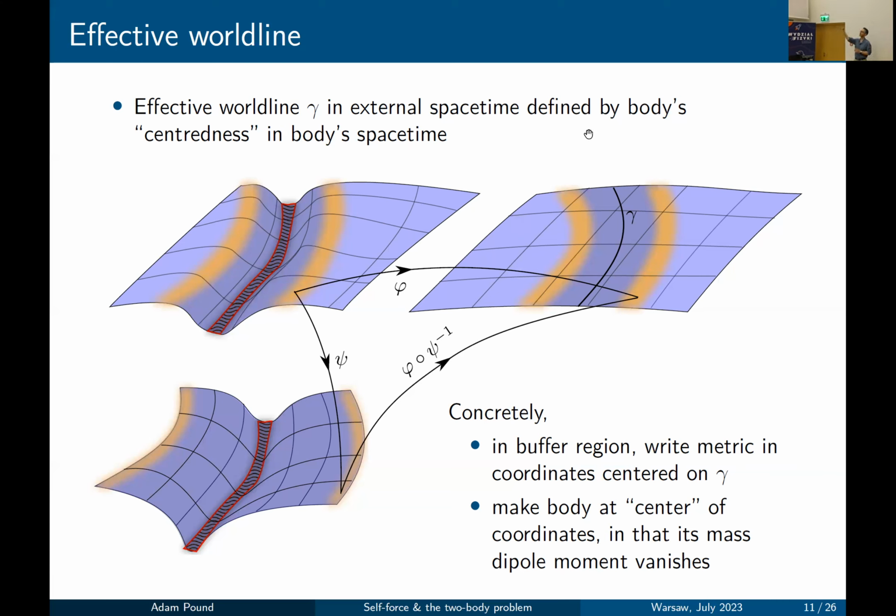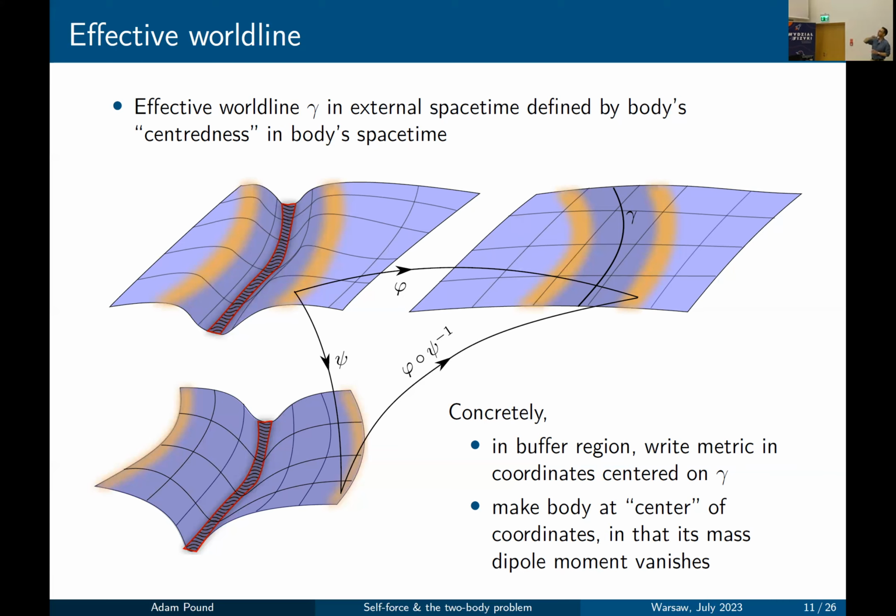The world line is just like the residual, the leftover from the body shrinking to zero size. And the way we choose an appropriate world line is by looking at the metric in this buffer region. So over here, we can write the metric in coordinates that are centered on this world line. I'll say a bit more about those coordinates in a bit.